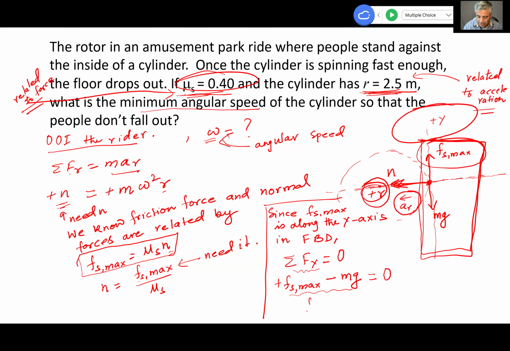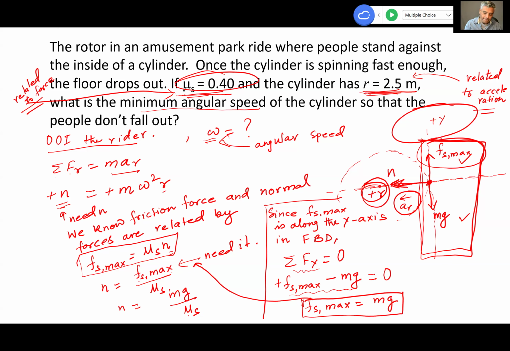So that means we can now tell the values of these two forces that are balancing each other must be the same, right? They are balancing each other, so their value must be the same, and that's what we got here. Okay, so now since we have this, what we can do is go back and write that normal force is mg over friction coefficient.